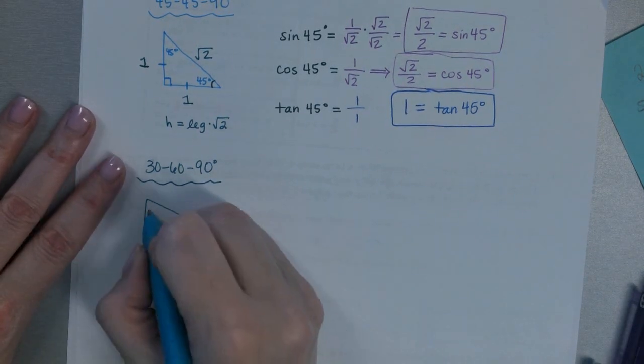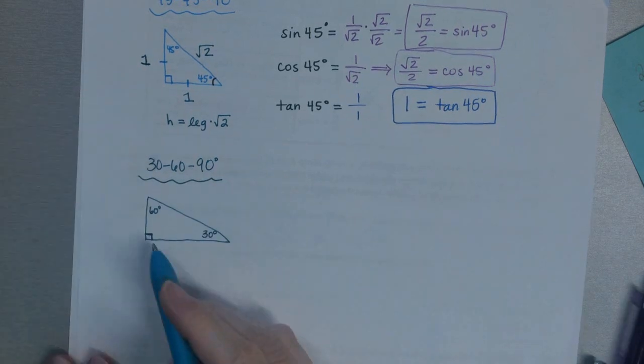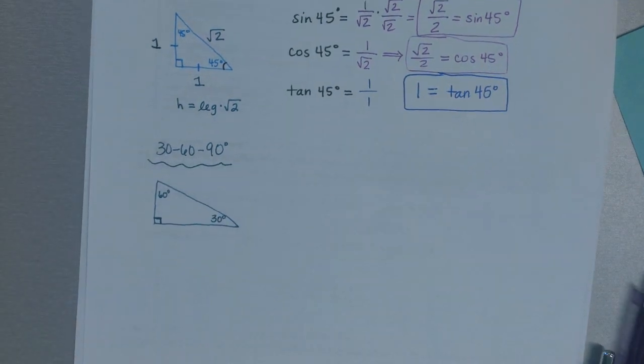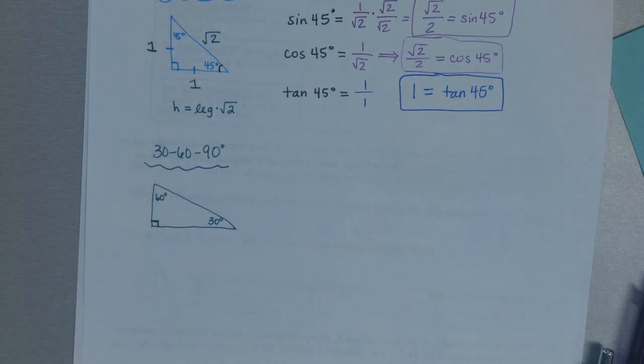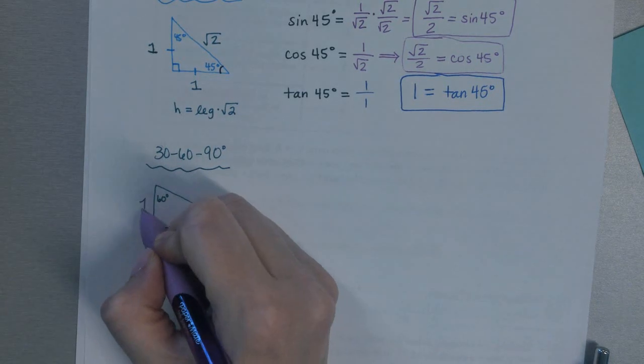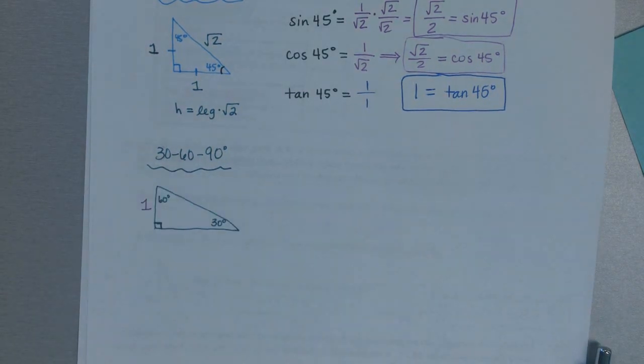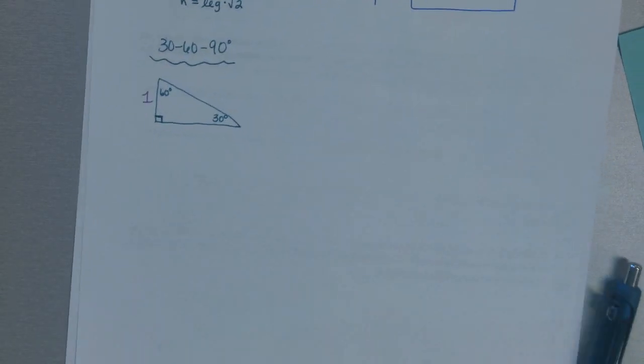The longer leg was across from the 60-degree angle. Of course, the hypotenuse, which is the longest, is across from the right angle. So we're going to make the short leg value 1, because we found the other values using the equations.